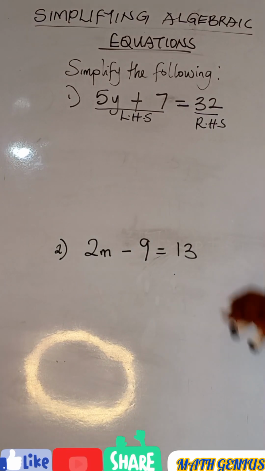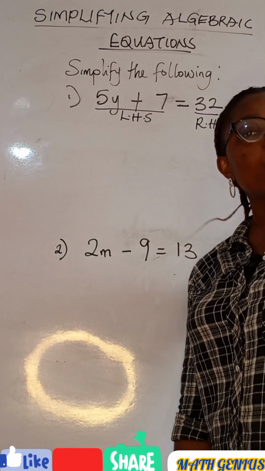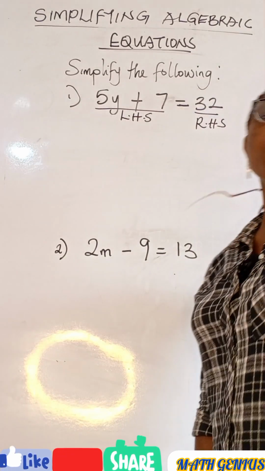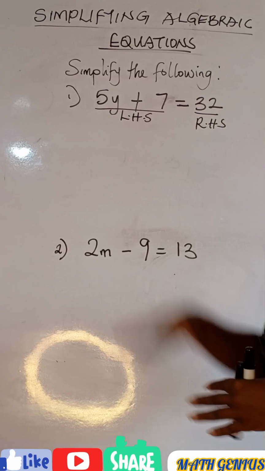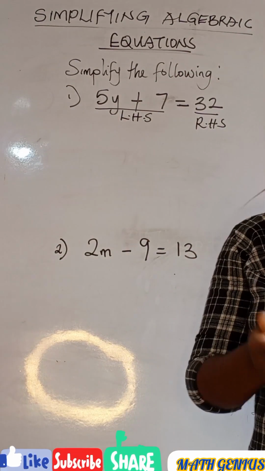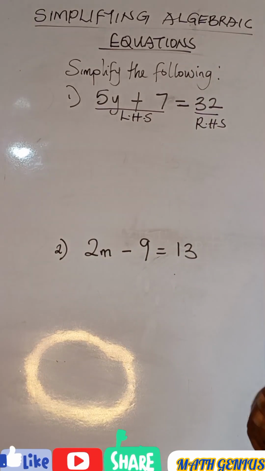So let's go on. Now, to get the value of y, you have to eliminate all the numbers close to y. You have to eliminate, remove, but you can't do that by cancelling the number off. You do that by solving this question. Now, how do you solve?